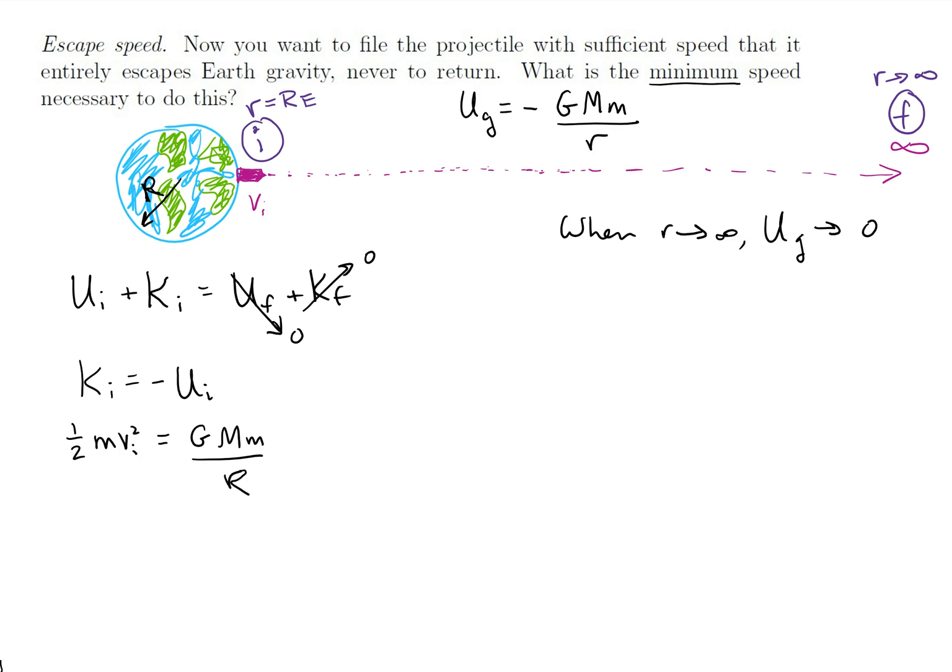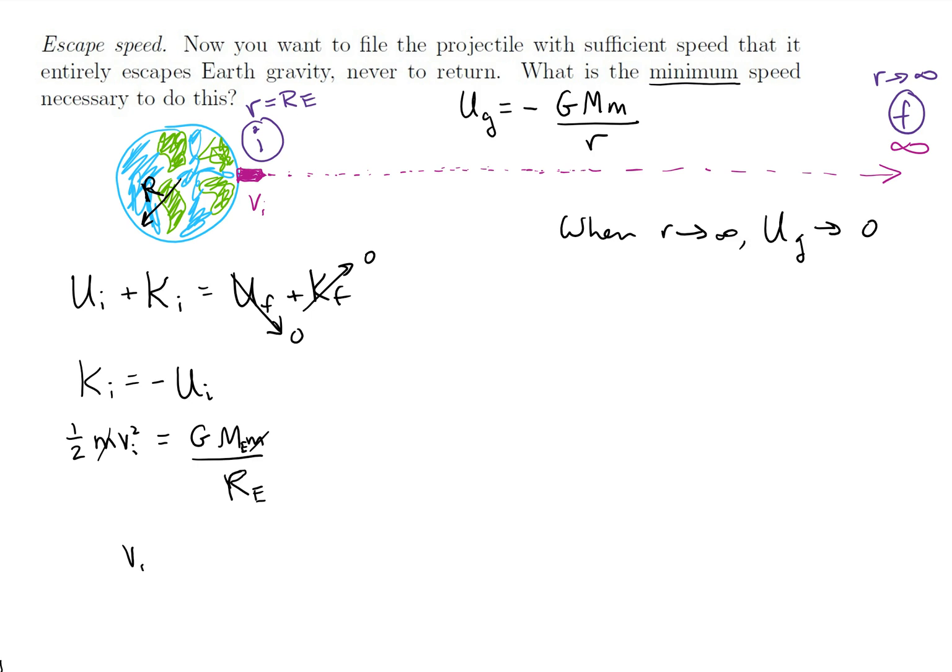Here, this distance r is the radius of the Earth, this big mass is the mass of the Earth, and the little m is the mass of the projectile, which it turns out is going to cancel out. So the escape speed is going to be the same for any projectile no matter what the mass is. So we just need now to solve for v initial.